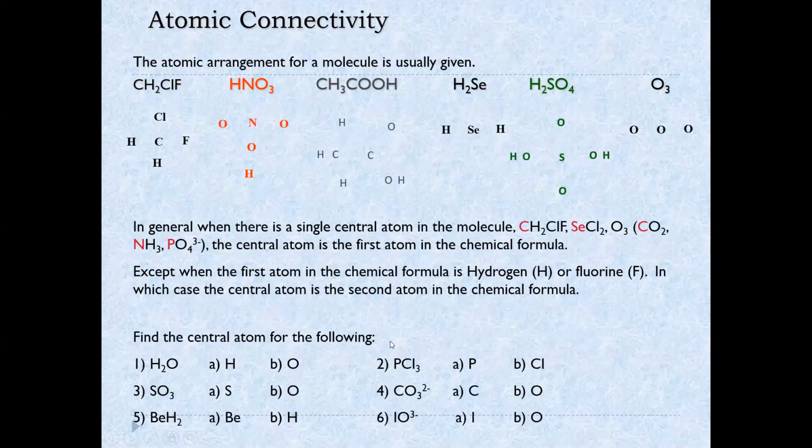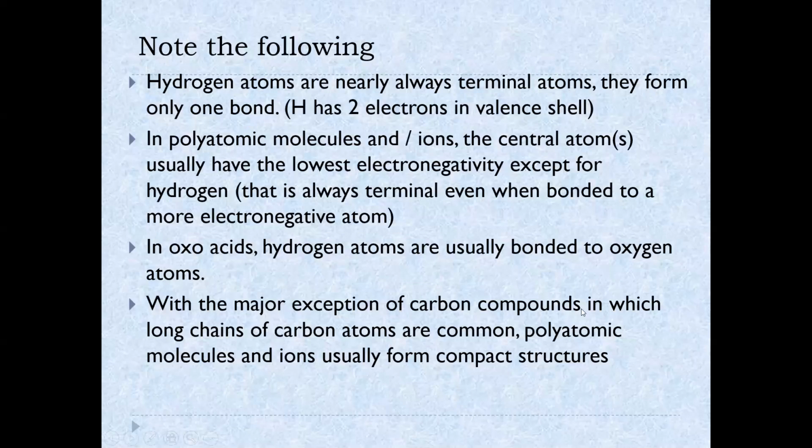In polyatomic molecules or ions, the central atoms usually have the lowest electronegativity, except for hydrogen. We know hydrogen has very low electronegativity, so we don't count hydrogen.